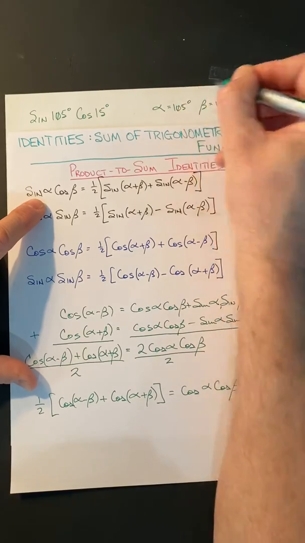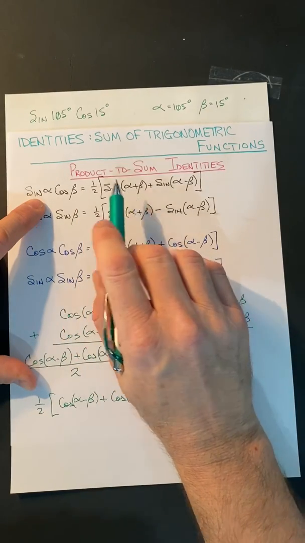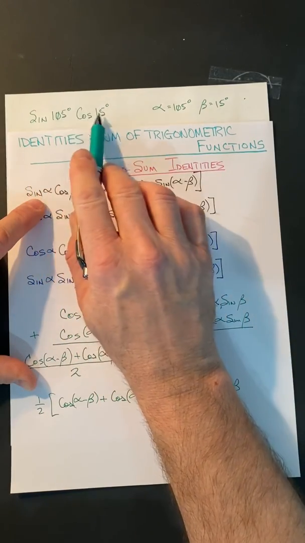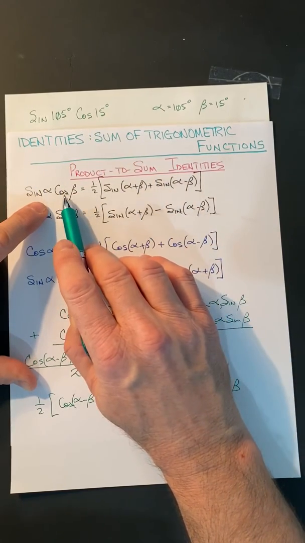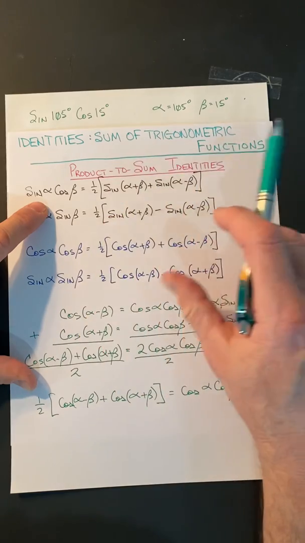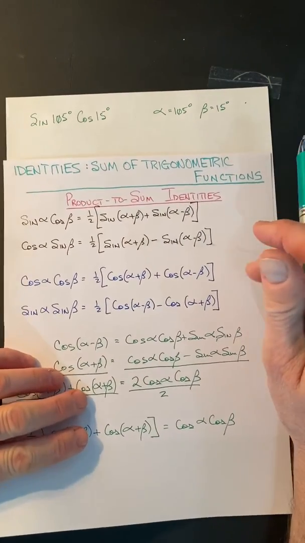I better get my degrees. And if you'll walk through with me, because these two angles aren't on the unit circle, but maybe by using this identity, I can pull some values from the unit circle. So let's write this down.